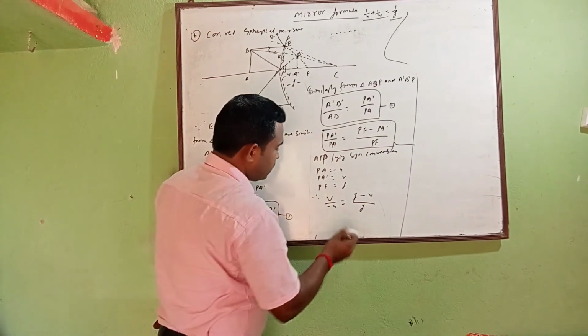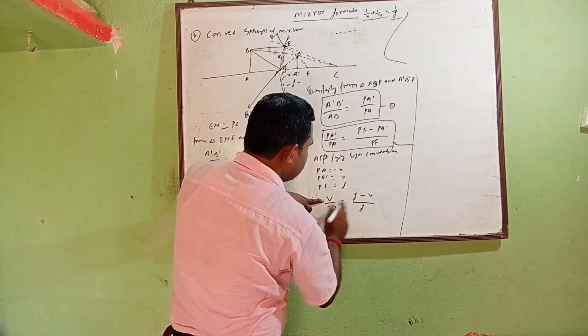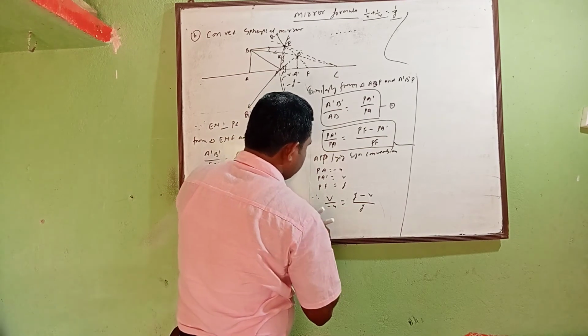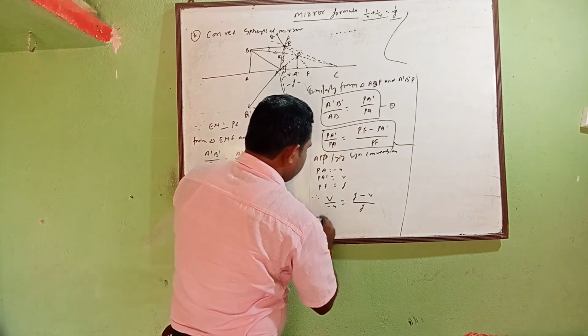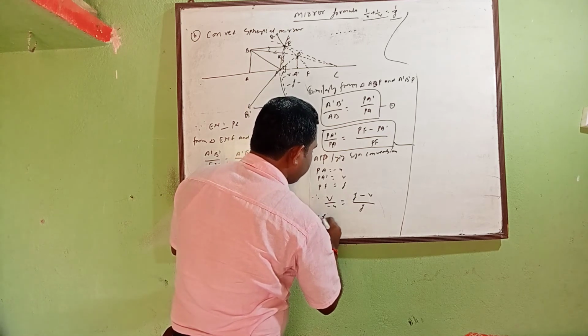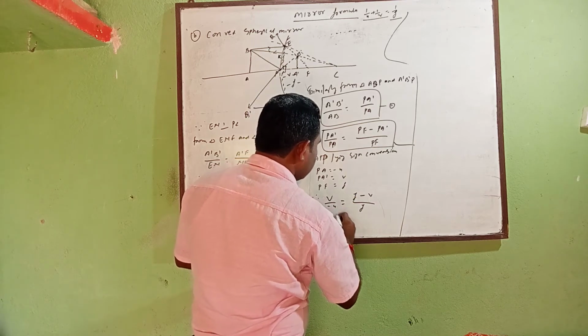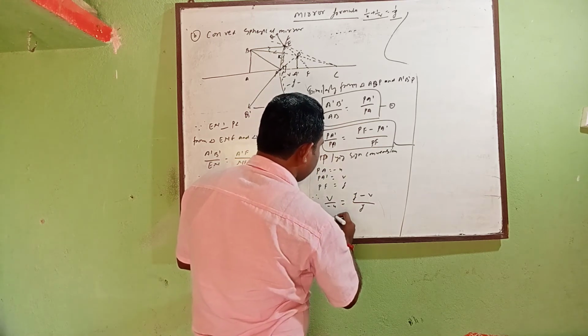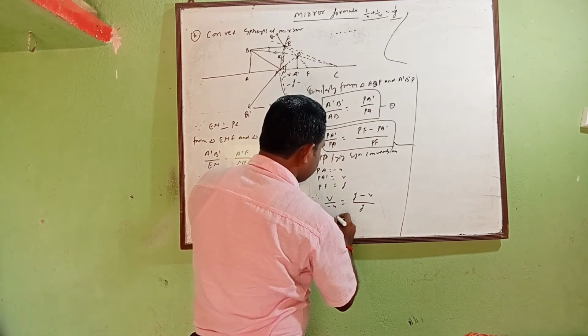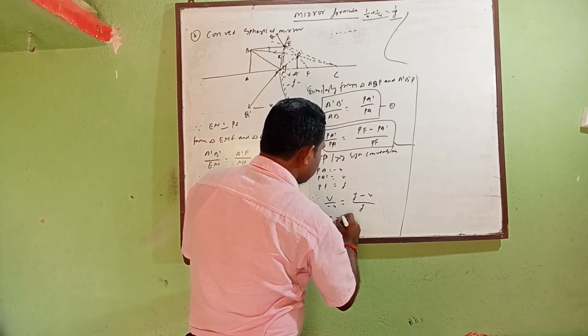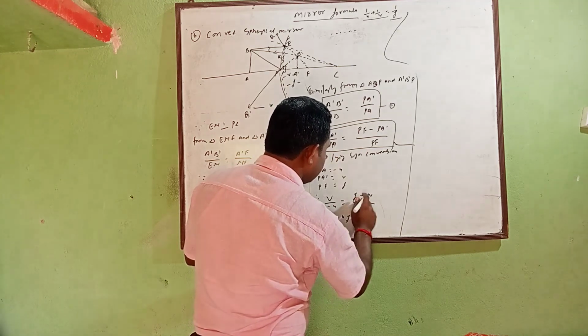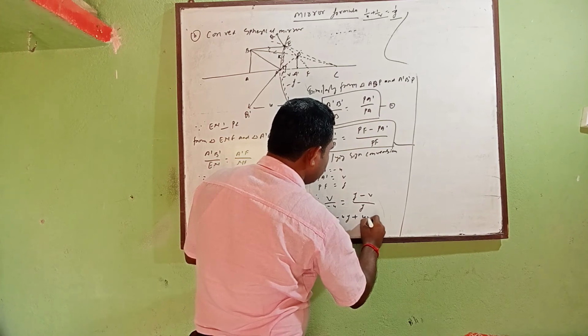What you will write here? If you cross multiply, then here will be VF equal to minus UF and minus here will be plus UV.